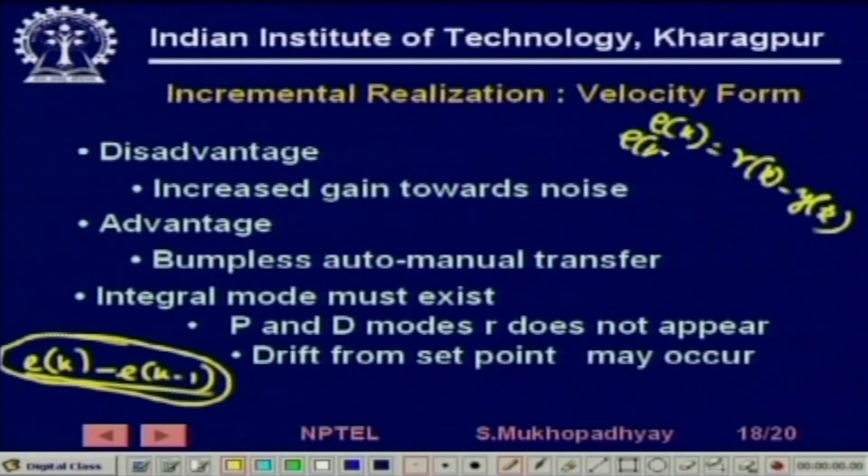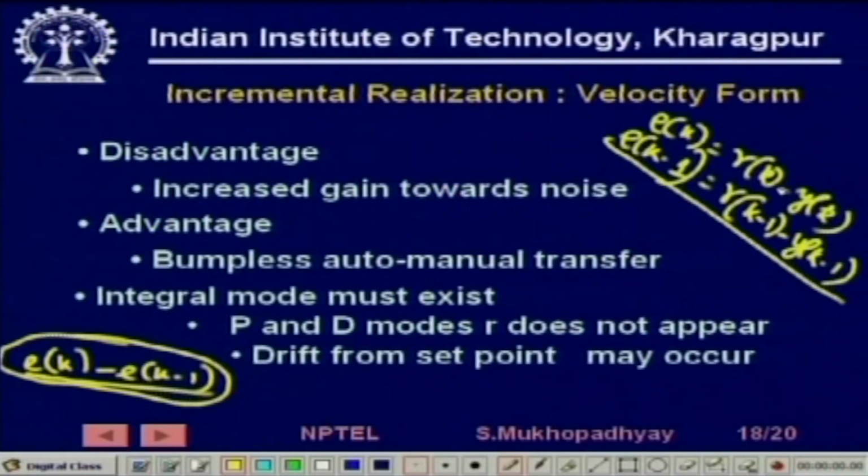Similarly, Ek minus 1 is equal to Rk minus 1 minus Yk minus 1. So, if you subtract, and if R remains constant, then it cancels and you will simply get Yk minus 1 minus Yk.